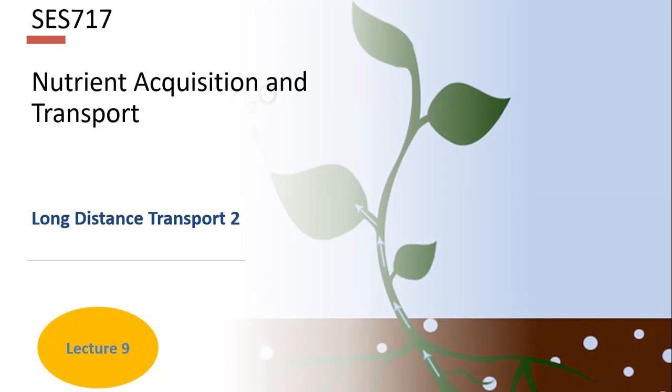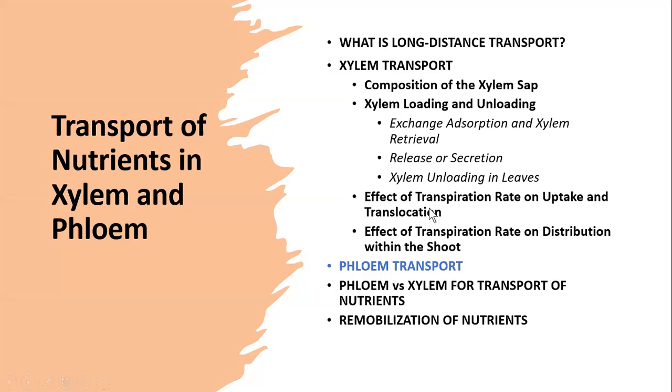In the first part, we already discussed xylem transport, where we covered the composition of xylem sap, then xylem loading and unloading, the effect of transpiration rate on uptake and translocation, and the effect of transpiration rate on distribution within the shoot.